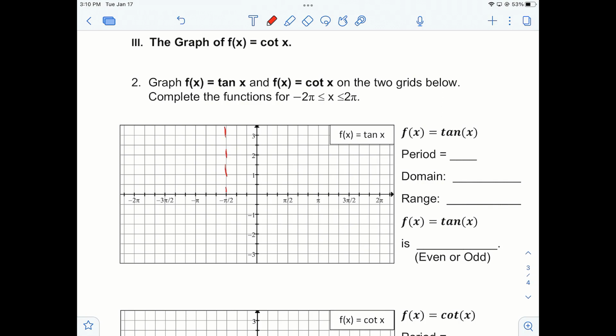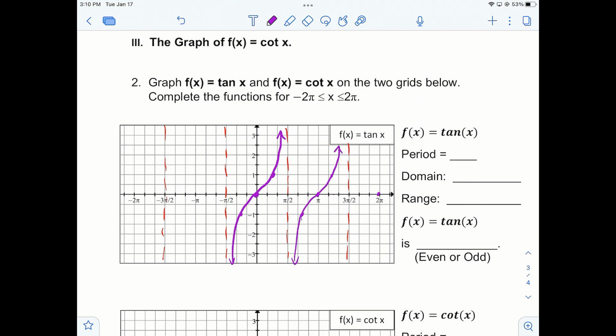So my asymptotes are here. And then my graph, of course, does this. Again, that one period there kind of looks like x cubed, and then it's just the repeat of that. So I'm just going to draw that several times.